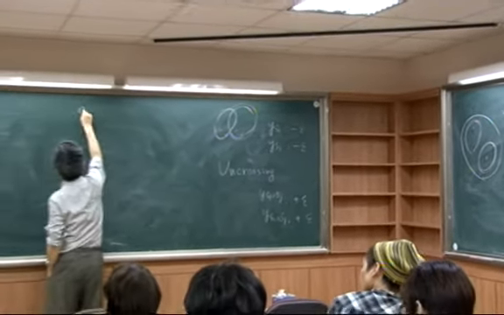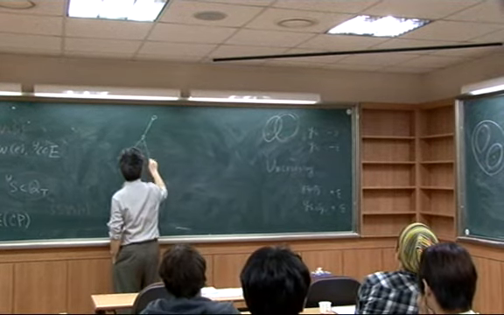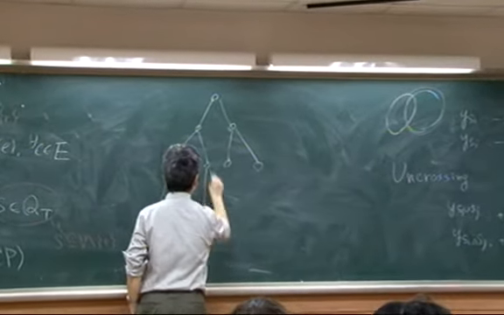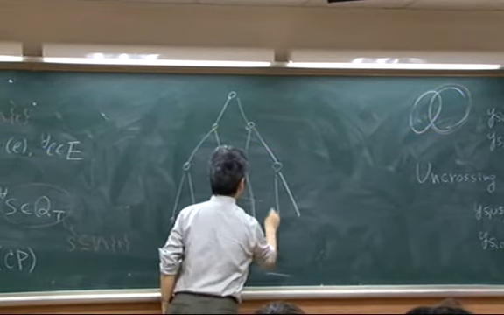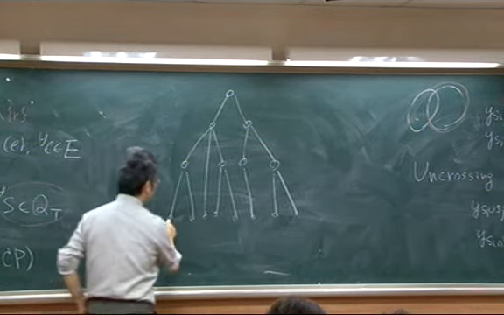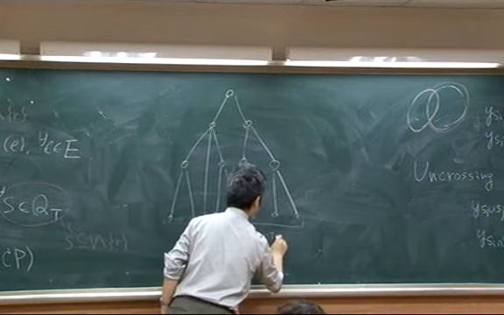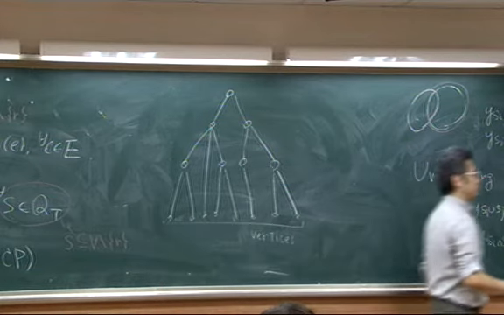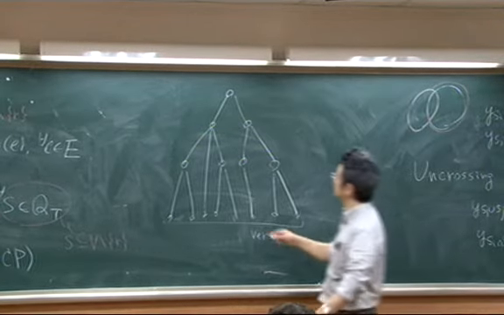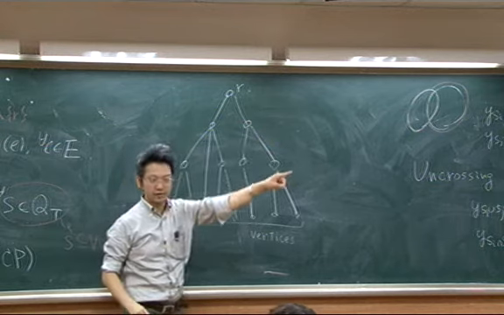Basically, I have a tree, because the laminar family can be expressed by a tree. Okay. So these are the points, these are the vertices in the union of the members of the laminar family, and this is our root, and these inner points correspond to the members there.